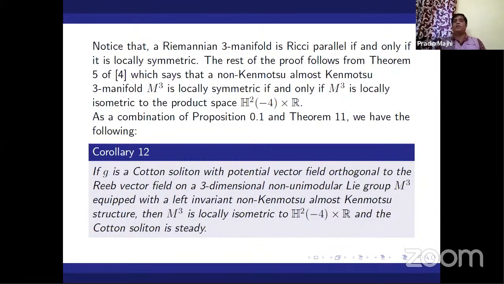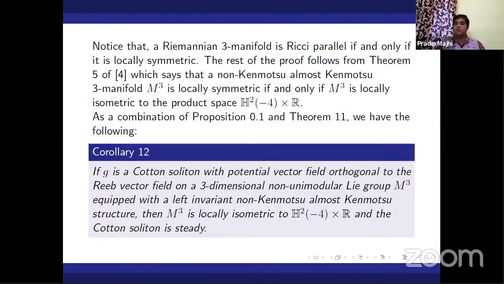Now, if we combine Proposition 1.1 and Theorem 1.1, we get a corollary. The corollary says, if g is a Cotton soliton with potential vector field orthogonal to the Reeb vector field on a three-dimensional non-unimodular Lie group M3 equipped with a left invariant non-cosymplectic almost cosymplectic structure, then M3 is locally isometric to this product space, and the Cotton soliton in this case is steady.